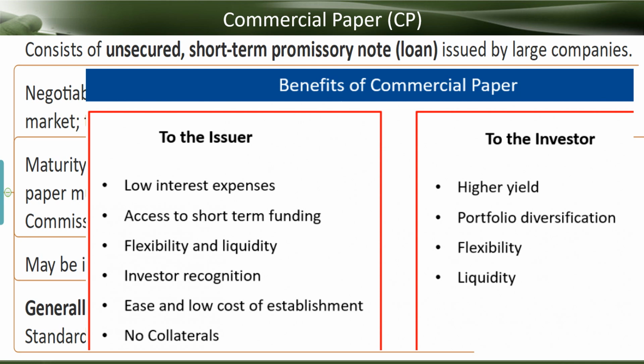There is also ease and low cost of establishment, and no collateral, no need for a security arrangement, because they are unsecured. To the investor, there is higher yield, portfolio diversification, and flexibility and liquidity.